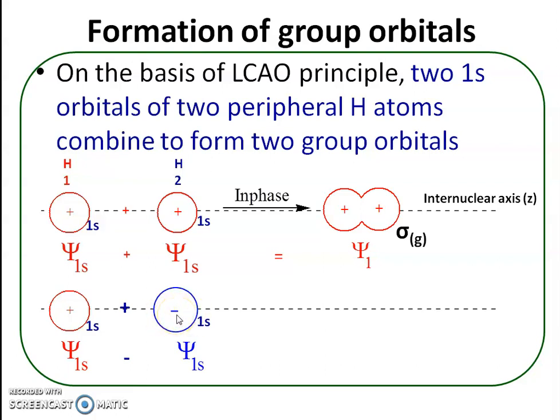Each and every atomic orbital has two signs of wave function, positive and negative. The first time, in the in phase combination, the second hydrogen atom contributes a 1s atomic orbital with positive sign wave function. Now the second time, the second hydrogen atom contributes an atomic orbital with negative sign wave function.